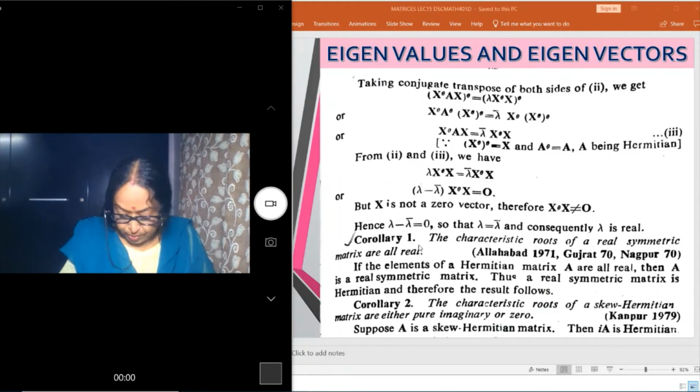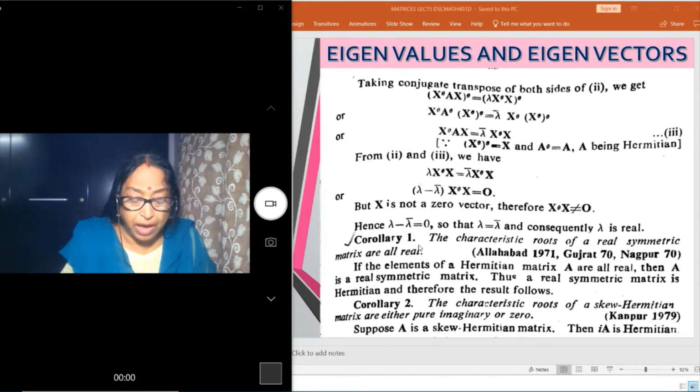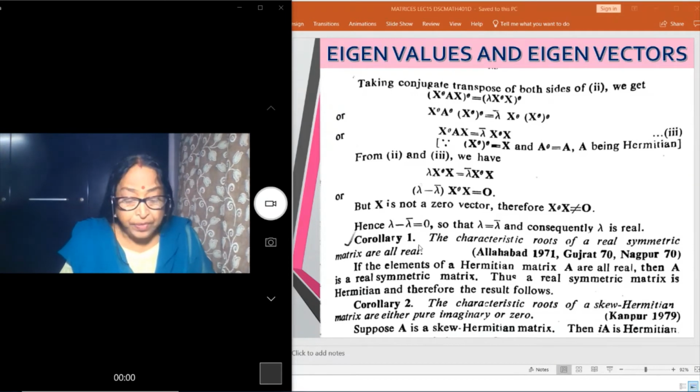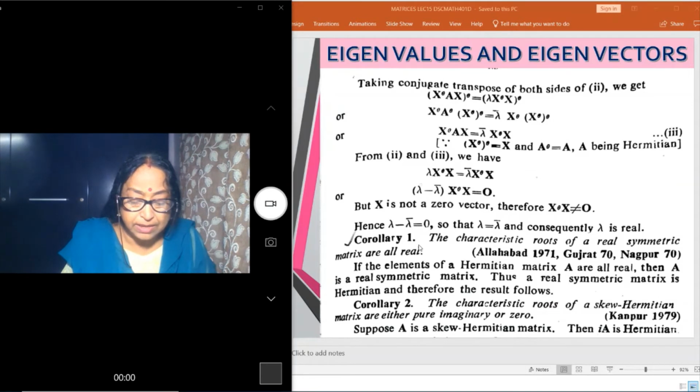So from 2 and 3, we can get lambda x theta into x is equal to lambda bar x theta into x. So lambda minus lambda bar times x theta x is equal to 0.